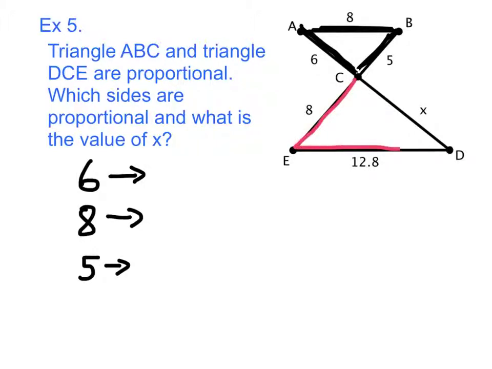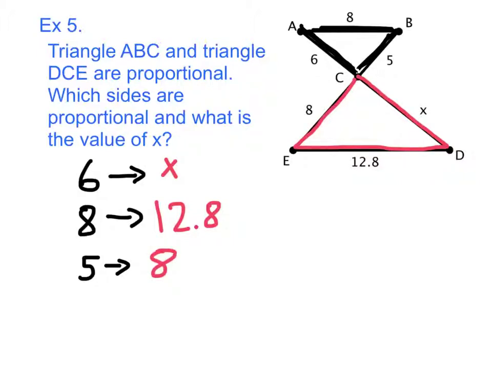Well, I think the easiest one to figure out is the 8, because 8 is paired up. 8 clearly is going to be paired up with 12.8 because they're on the longest sides of the triangle. So 12.8 and 8 match up. The 6 matches with the x, and the 5 matches with the 8.